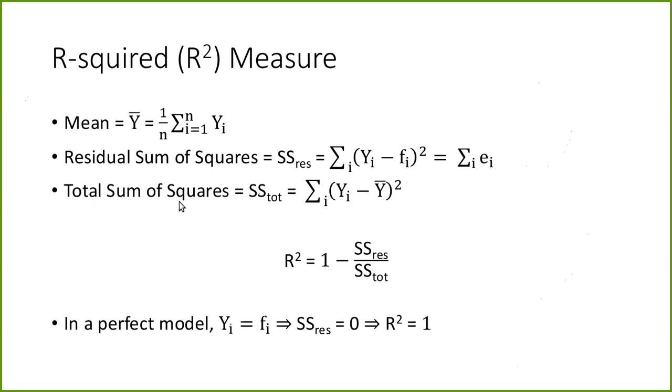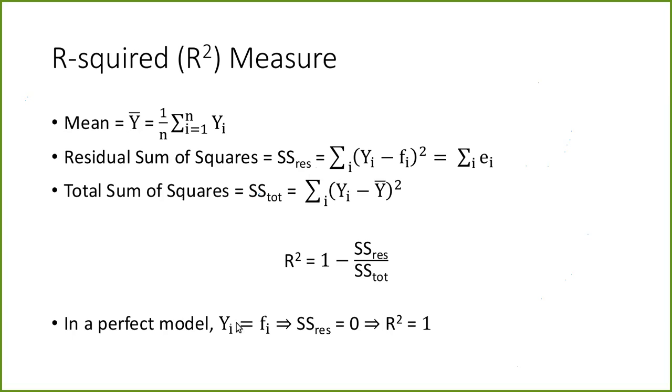And also you can calculate the total sum of squares, SS total, which is given by yi minus y bar, which we have already calculated as the mean. Take the square and get the sum, right? So once you have calculated the residual sum of squares and the total sum of squares, 1 minus residual sum of squares divided by the total sum of squares gives you the R square parameter, right?